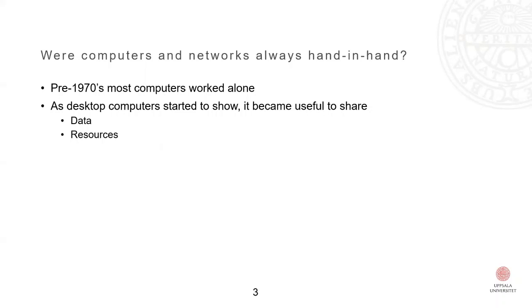And their number was so few in the whole world, so they were not thought of at the time to be connected to each other. But later on, as desktop computers started to show up on people's desks, it became useful to connect them together. And the reason for that would be to share data, for example, or share resources.